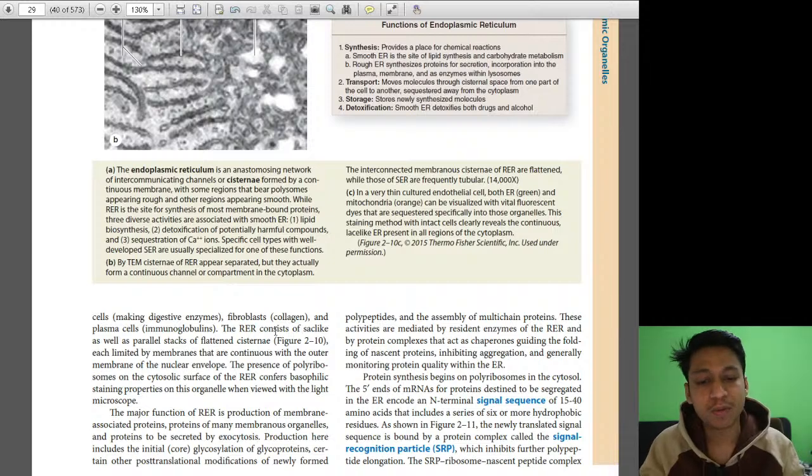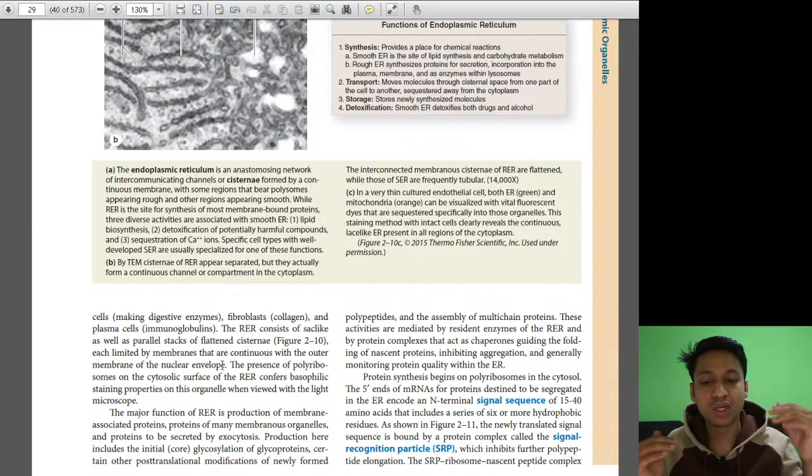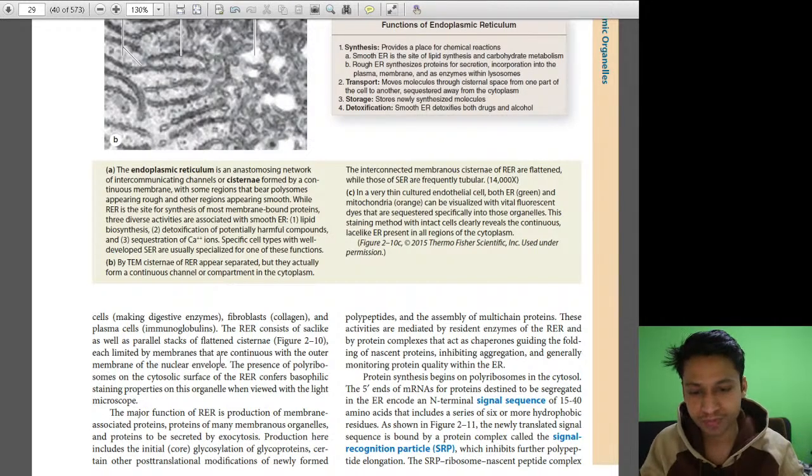The rough endoplasmic reticulum consists of sac-like, parallel sacs of flattened cisternae, each limited by membranes that are continuous with the outer membrane of the nuclear envelope. So RER continues like a sac-like structure and it extends from the outer surface of the nuclear envelope.